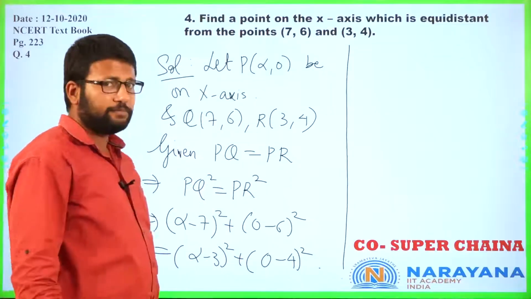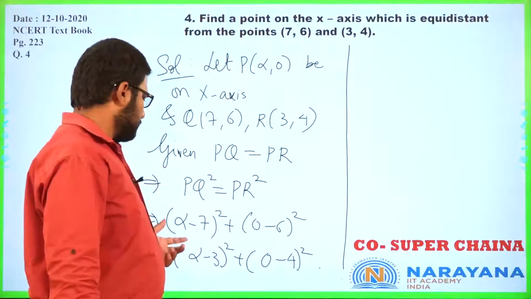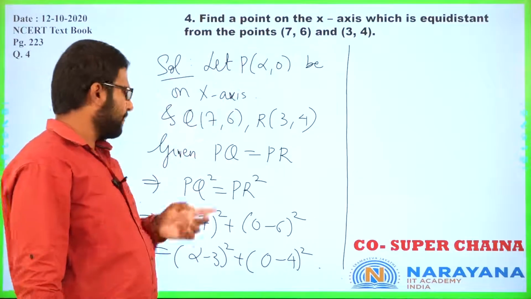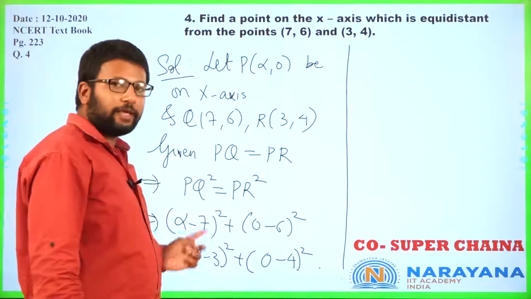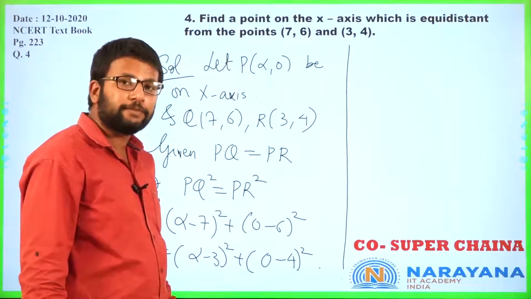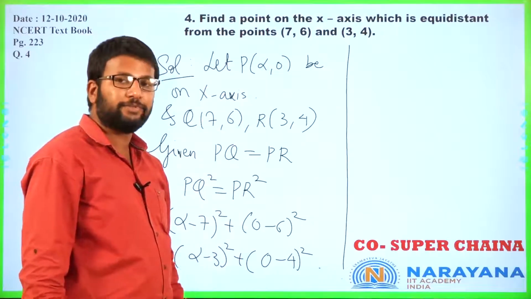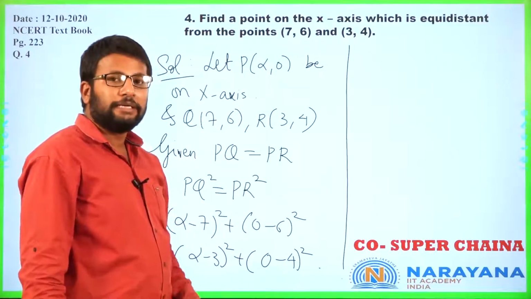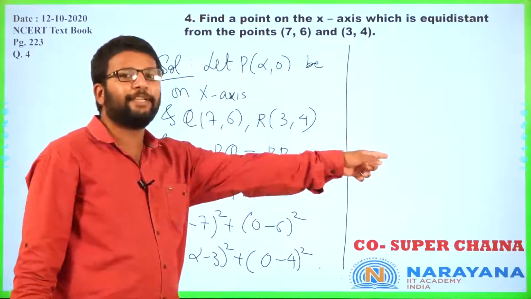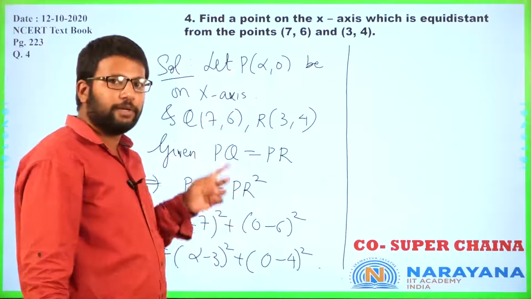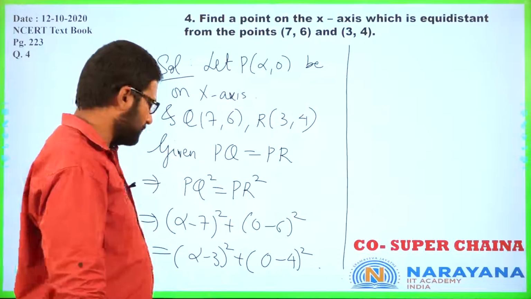Now, the question says find a point. This is a quadratic equation, which means we should get 2 points, correct? But they're asking only 1 point. How do we know whether it should be 2 points or not? The solution itself will tell you how many such points are possible, which is why this solving method is so useful.